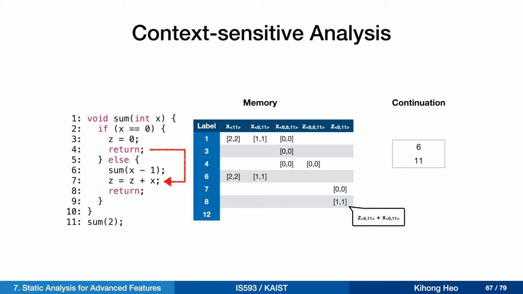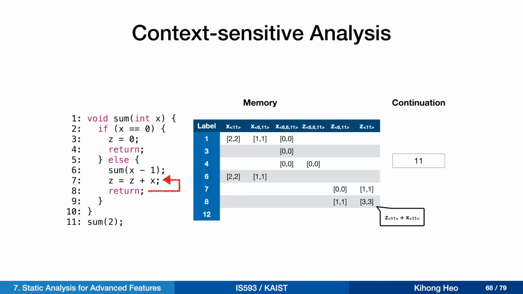Okay, so the abstract memory at label 7 is updated accordingly. So as you can see, the abstract value of global variable in the callee is correctly propagated to the caller. Okay, and it will maintain a separated instance of global variable for this particular context. Okay, and then it returns to label 7 according to the continuation. Okay.